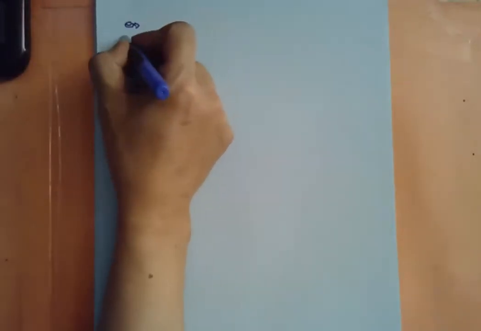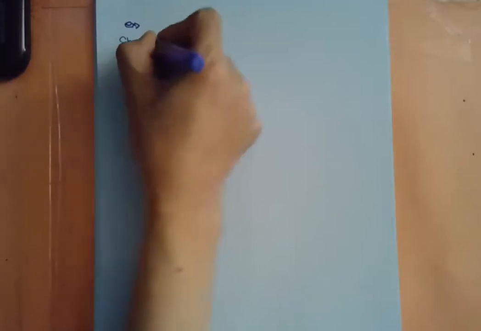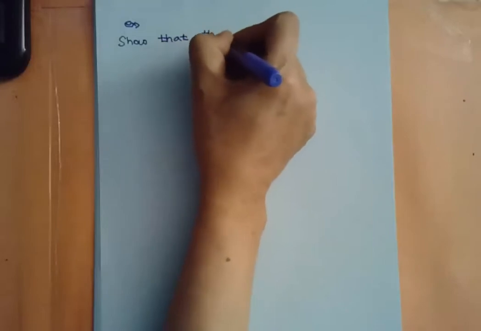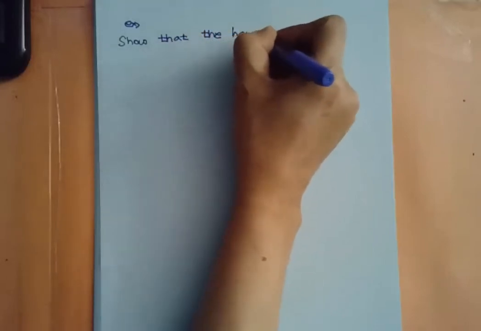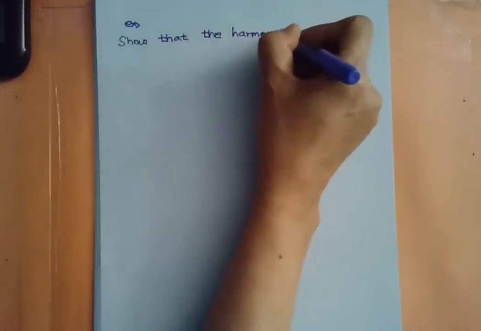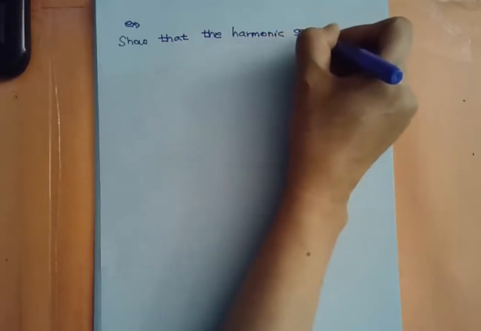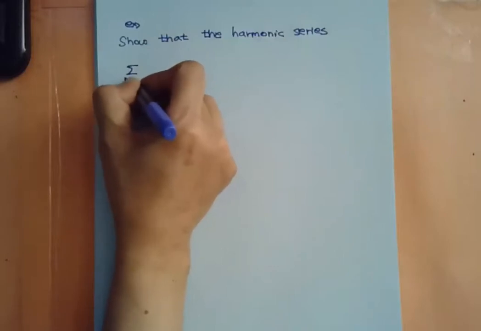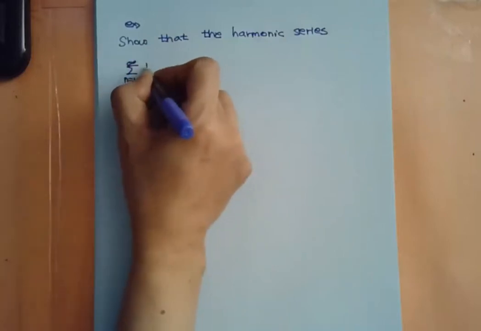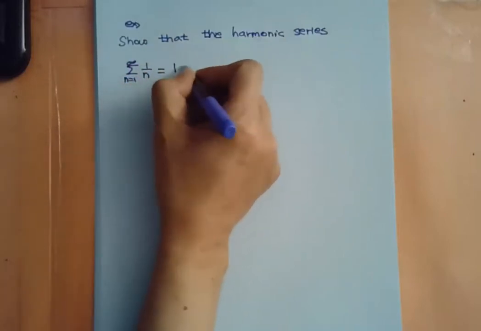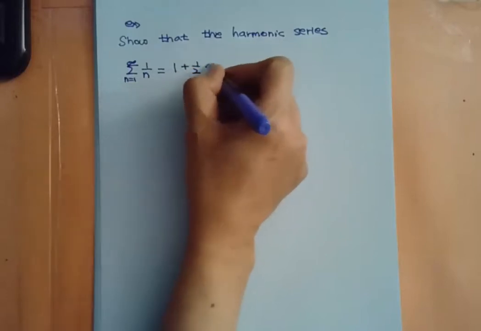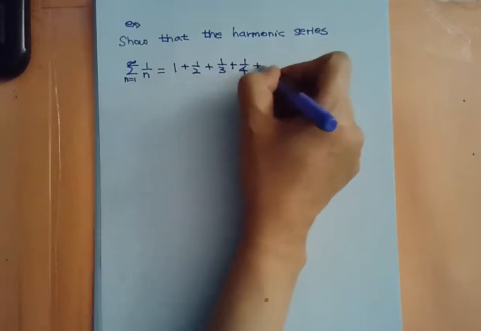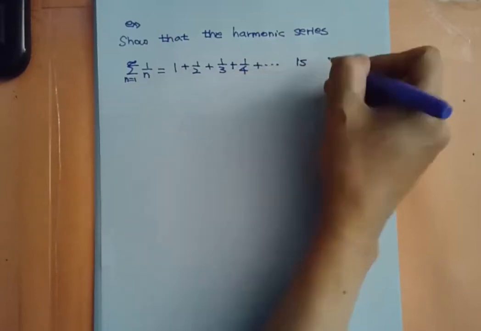The next problem is to show that the harmonic series, the summation from n equals 1 to infinity of 1 over n, which equals 1 plus 1 over 2 plus 1 over 3 plus 1 over 4 and so on, is divergent.